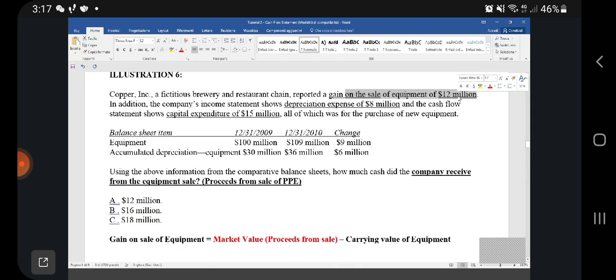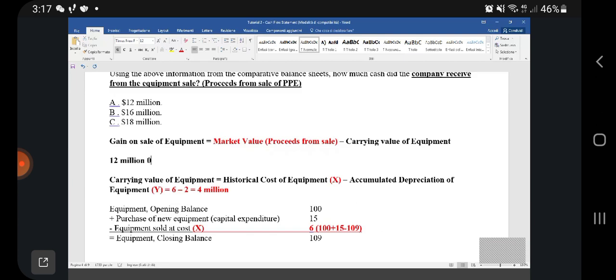And this will be equal with the market value for us, this is something that we still need to calculate, less the carrying value that we just found out it is equal to 4 million.